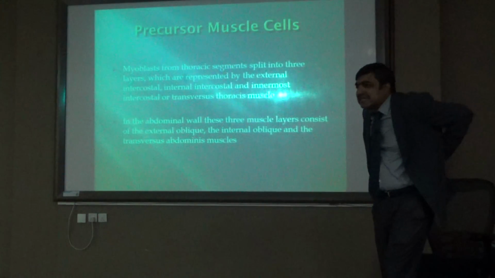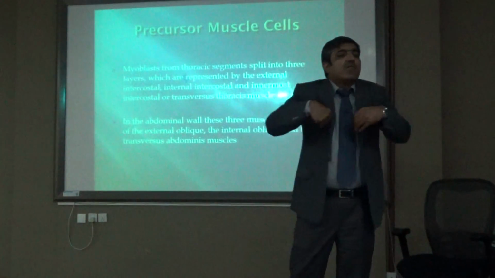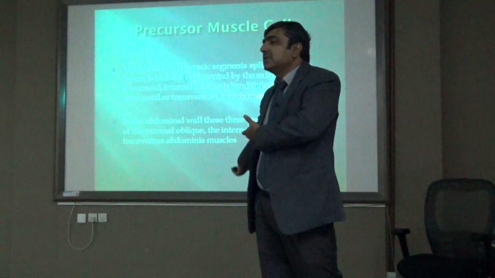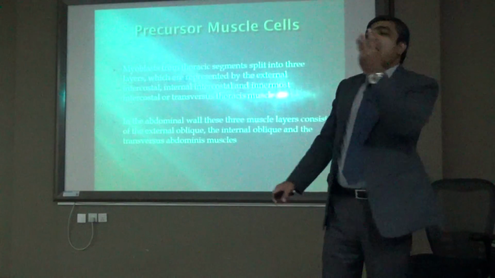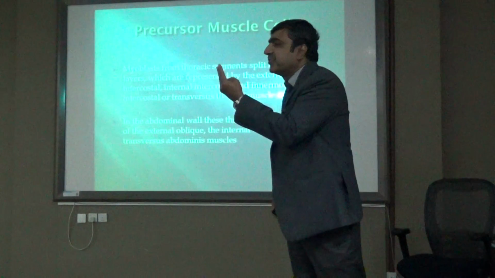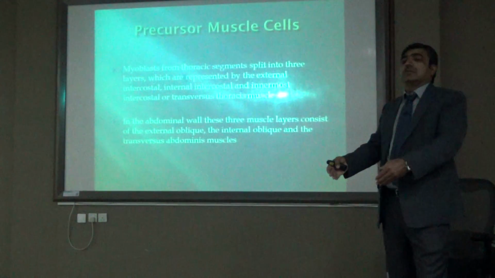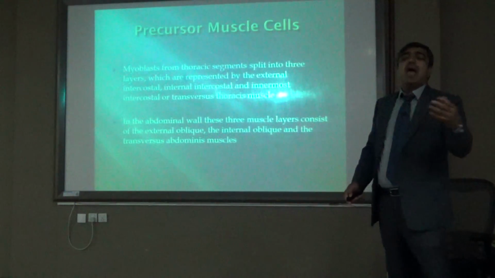Actually, their pattern is the same. They come from the somite region, but in the thoracic region they are known as thoracic muscles, and in the abdominal region as abdominal muscles. These are all in 3 layers: external, internal and most internal, or external, middle and internal.